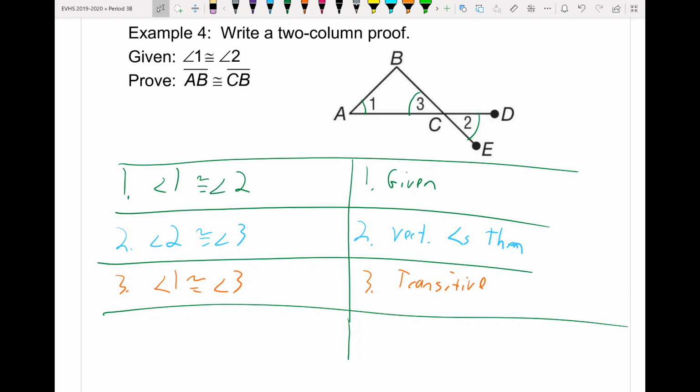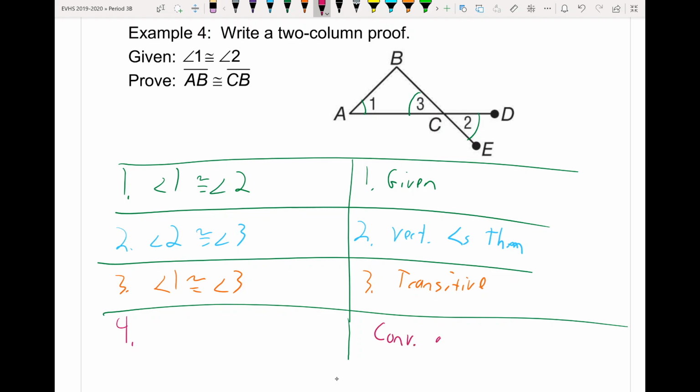All right, so now we need to show AB is congruent to BC. Noah, what do you got?